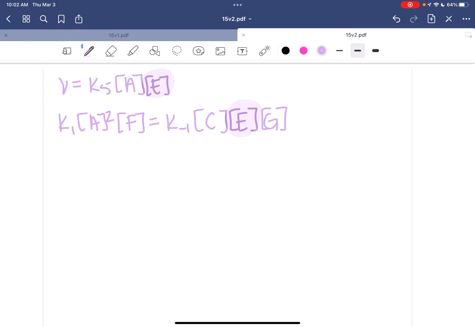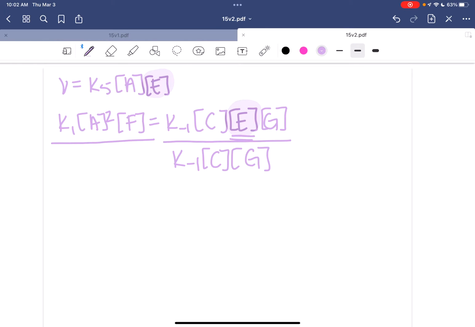So we're going to isolate E here. And to do that, we're going to divide everything that E is multiplied by so that we get rid of it on the right side. So we're going to divide by that rate constant K minus 1 times the concentration of C times the concentration of G. And now remember our algebra rules. Anything we do to one side of the equal sign, we have to do to the other.